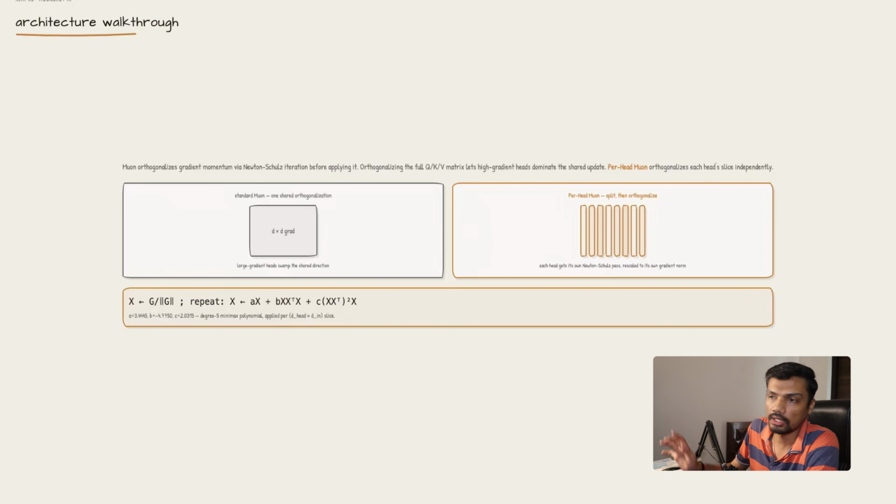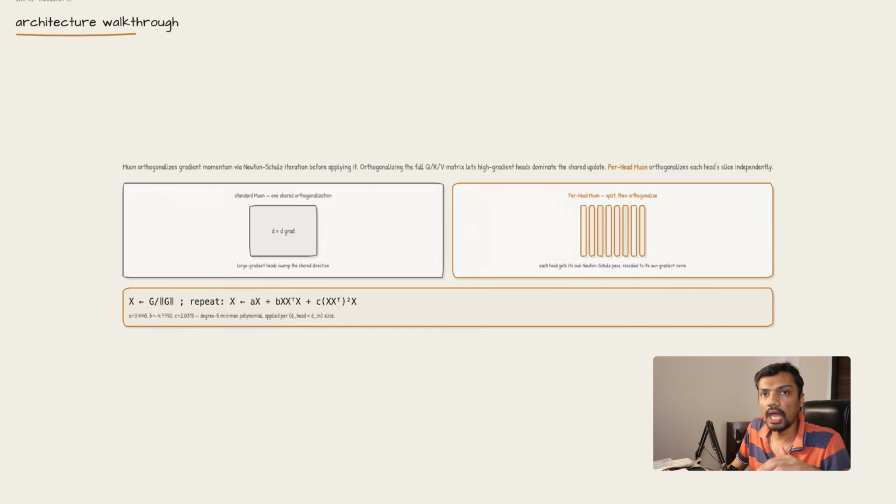This was a general analogy, whereas per head Muon gives every individual head their own private tutor. Each head's gradient update is normalized independently based on its own scale. So quiet heads learn at the same pace as the loud heads.